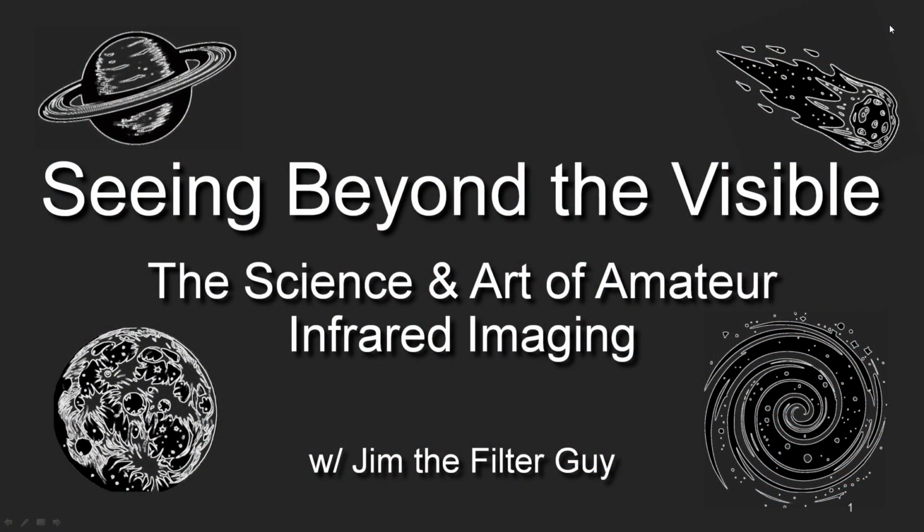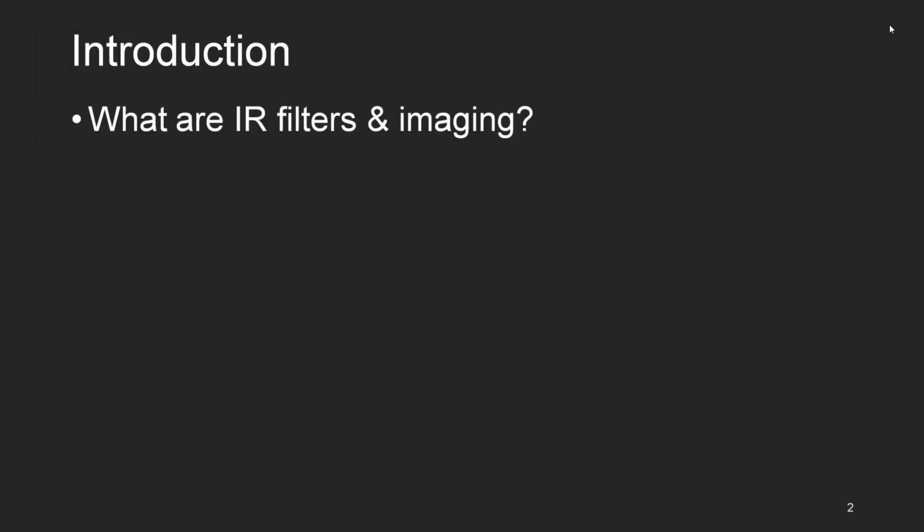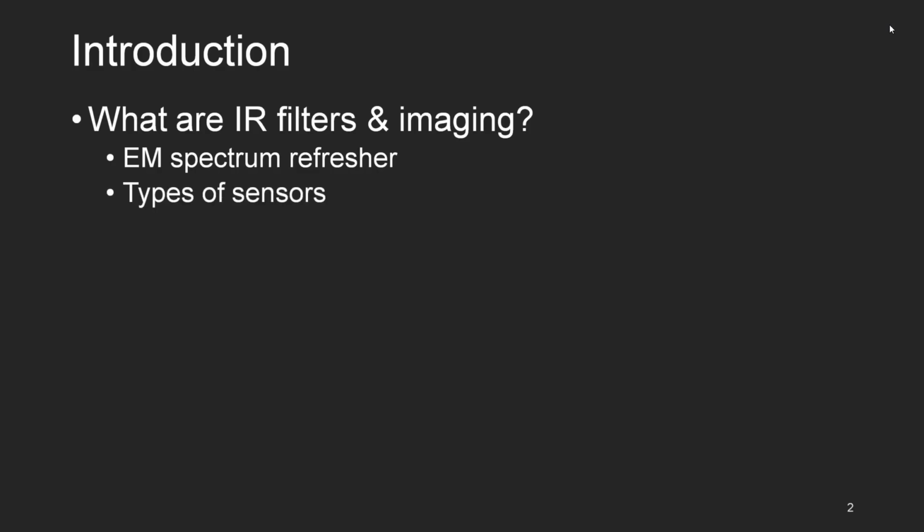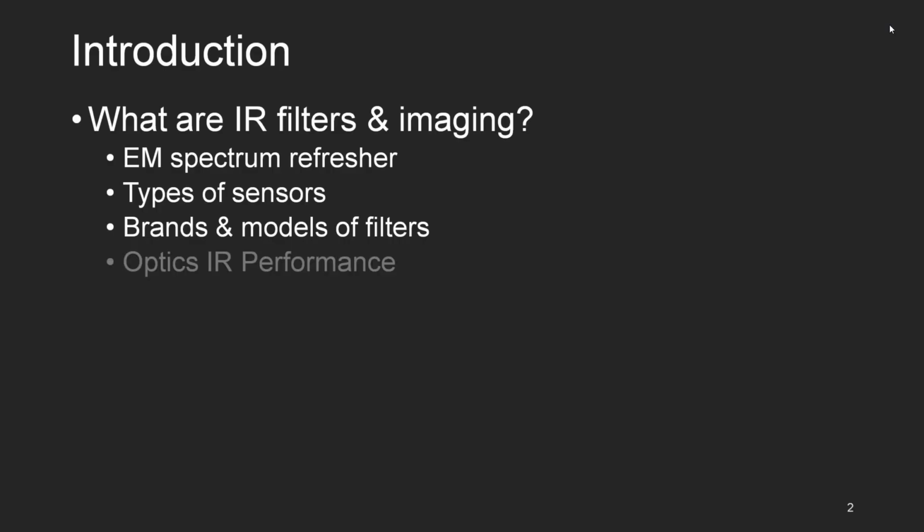Welcome, everyone, to my talk titled Seeing Beyond the Visible, the Science and Art of Amateur Infrared Imaging. In this talk, I will introduce everyone to the science behind infrared imaging, including a review of the electromagnetic spectrum, the types of sensors used for IR imaging, brands and models of available IR filters, and the performance of your optics when imaging in IR.